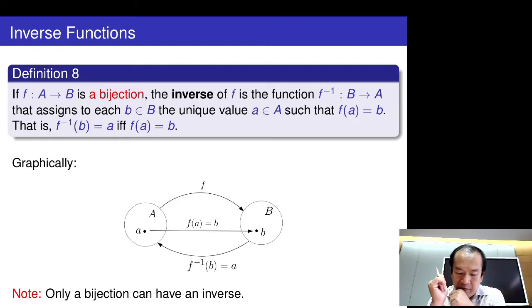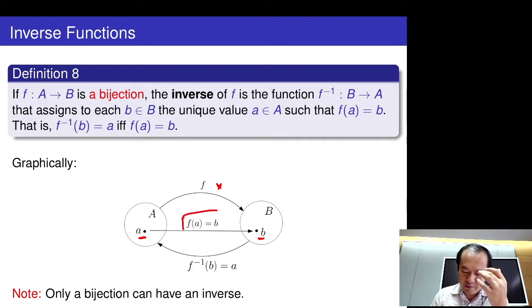For example, let's say that you have a function f from set A to set B. Let's say that in set A, you have a member called small letter a, and in set B, you have a small letter b. And the function f is mapping a to b.